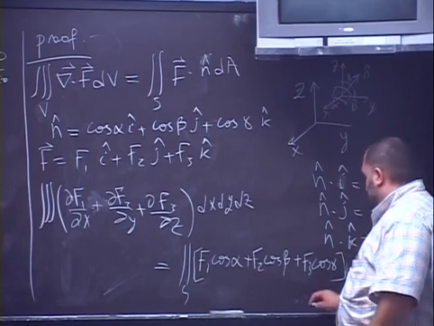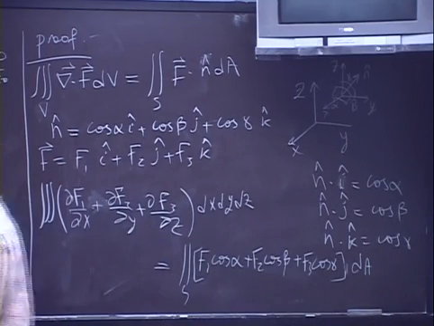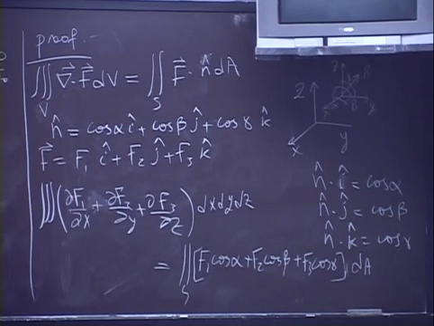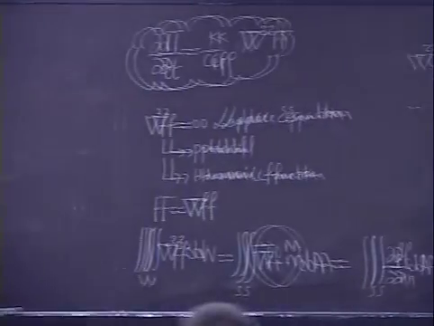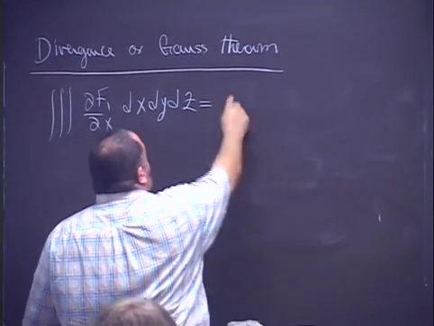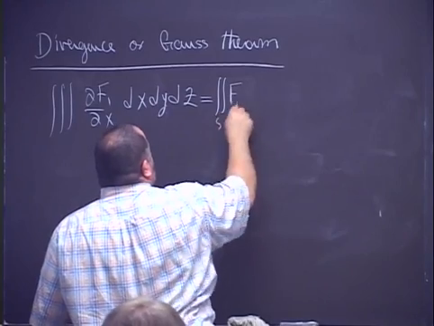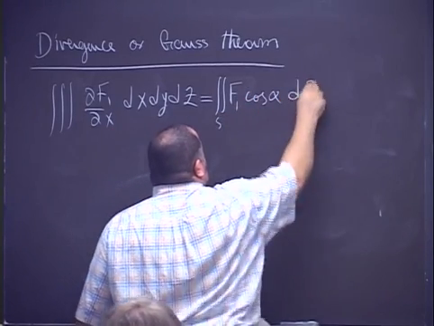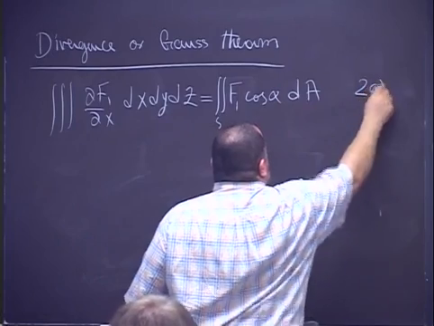Okay, guys? Do you have any questions so far before I move on? Okay, so now, if we can prove that the first part of the integration, the integral of df1 by dx dx dy dz, is equal to the first part over there, the surface integral of f1 cosine alpha dA, and we will call this 2a.